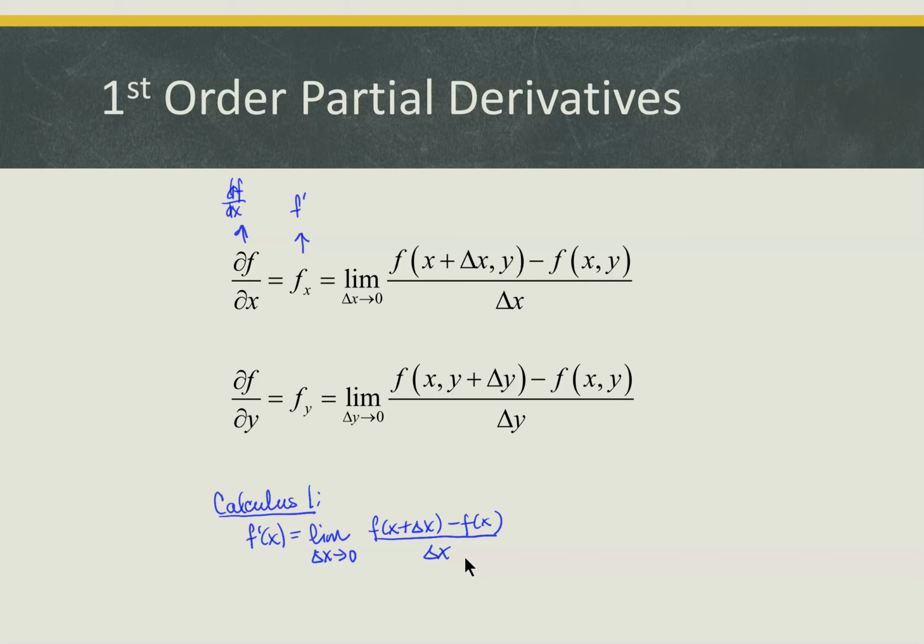Notice that we're allowing x to change incrementally based on this limit, and we're not allowing the y variable to change at all. The y variable remains constant. It does not change. We're not incrementally changing that. So we're looking at the rate of change of our function as I incrementally change the x variable.